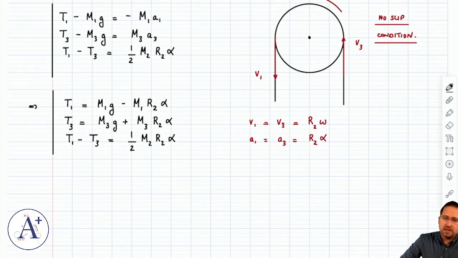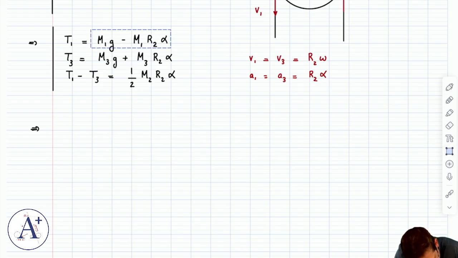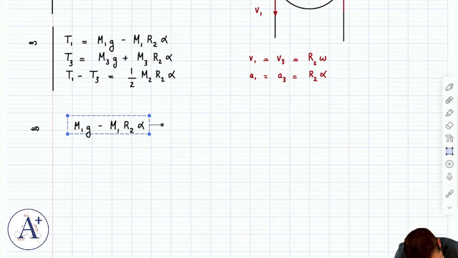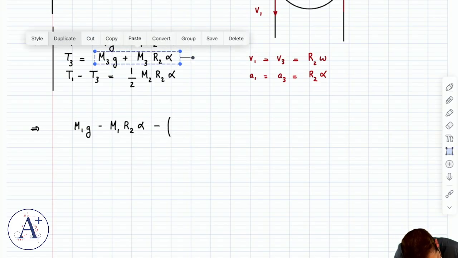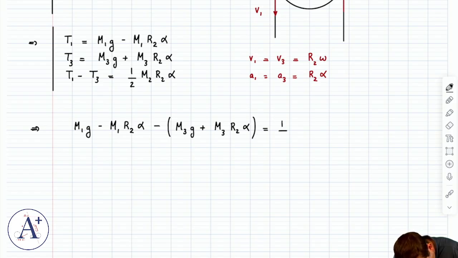Right? But now that I have that, I can substitute T1 and T3 into the last equation. So I can say that T1, which is this, minus T3, which is this, is going to be equal to 1/2 of M2 R2 alpha.